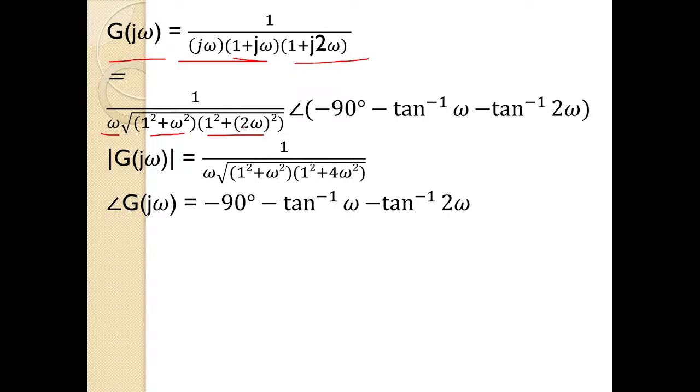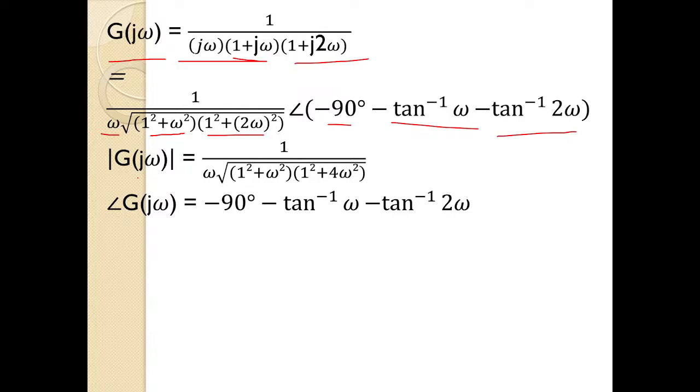What about the angle? Angle of j omega is 90 degrees. Send it to the denominator, it will become minus 90. Angle of 1 plus j omega is tan inverse of omega, which becomes minus tan inverse of omega. And angle of 1 plus j2 omega is minus tan inverse of 2 omega.